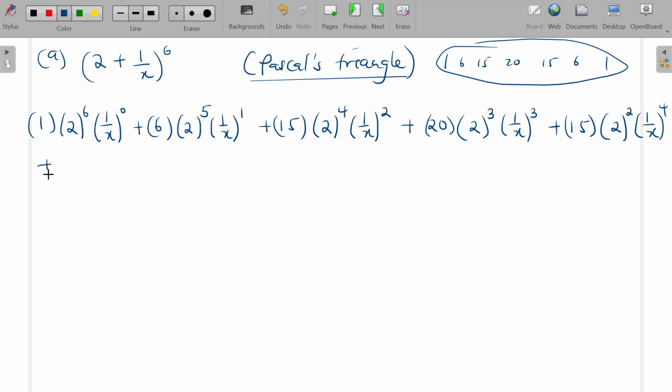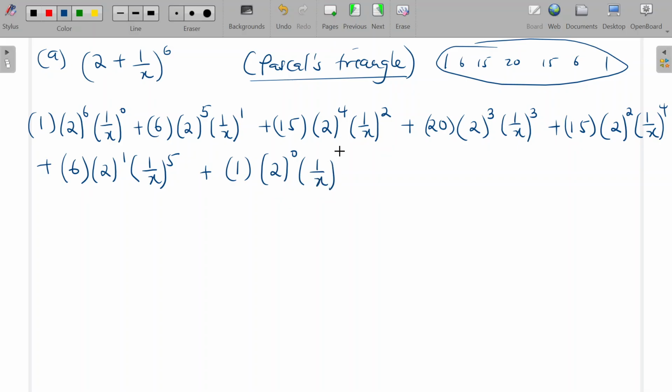Then plus the next number, a 6: I'll get the first 2 raised to power 1, then the 1 over x will be raised to power 5. Then plus the 1 again, then 2 to the power 0, then 1 over x to the power 6. Okay, so I just start reducing.